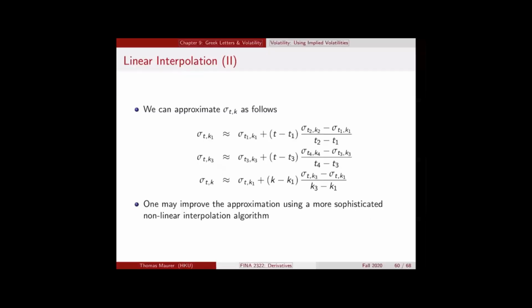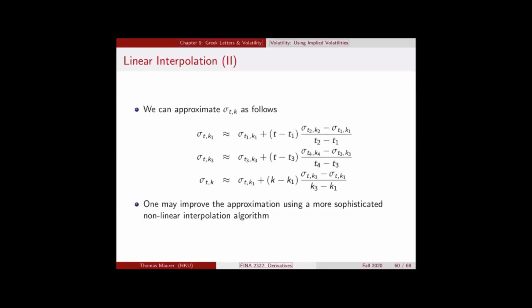That gives us the slope of this line. Now I multiply the slope of this line by T minus T1, so this distance over here. That tells me by how much sigma increases as I go from T1 to T. I multiply how much I move from T1 to T by the slope of that line.